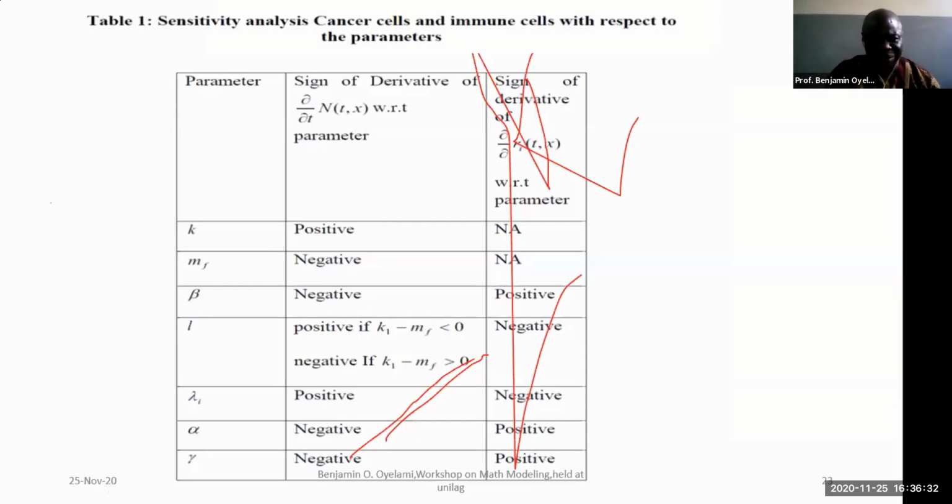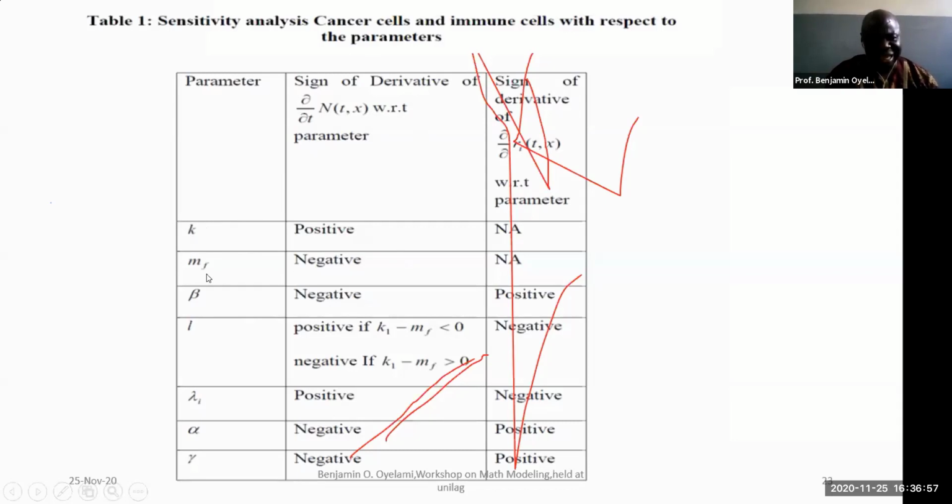So therefore, if we have to make sure that the cancer does not grow, we must find a way to depreciate this. Maybe through drugs, through whichever means. If it is medical equipment we are able to fabricate that can enable this to be reduced, then that is good.